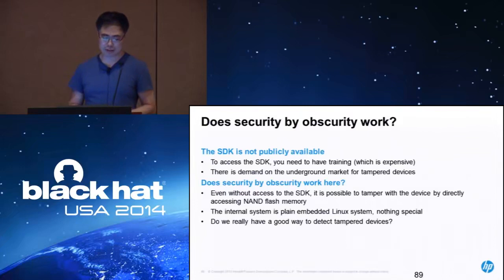The question here is: does security by obscurity work? Because the Verifone SDK is distributed very limitedly, to those who take their training and identify themselves, and the training costs like 20K or something like that. So the SDK is not public, and it's really hard to acquire.